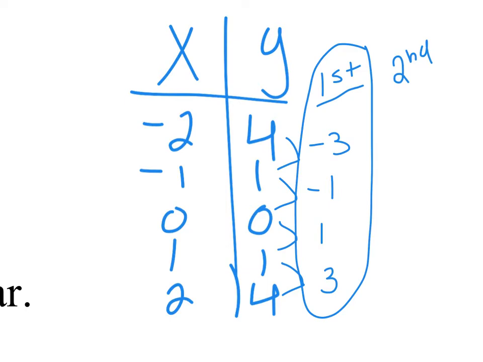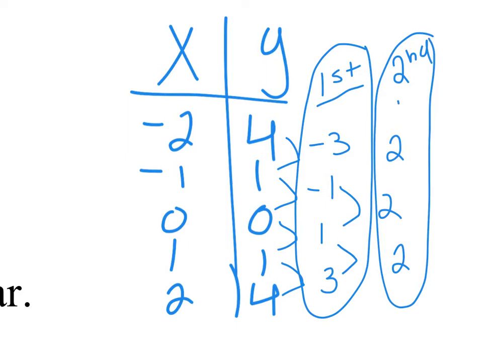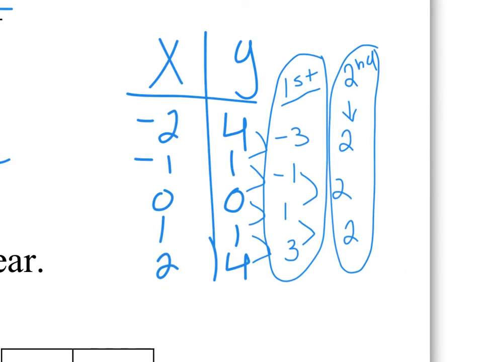I'm going to take the values that I just subtracted and subtract them again. 3 minus 1, 2. 1 minus negative 1, 2. Negative 1 minus negative 3, 2. Wow. See what happened in my second difference? They're all constant. They're all the same. This tells me that when I do a second difference, if they're the same, I'm dealing with, you guessed it, a quadratic.